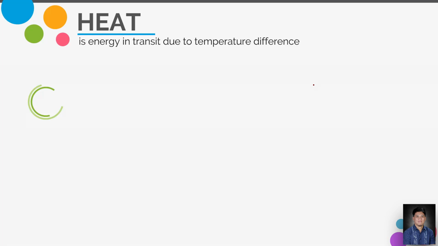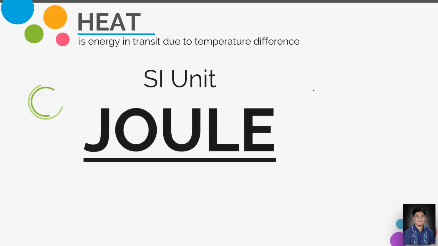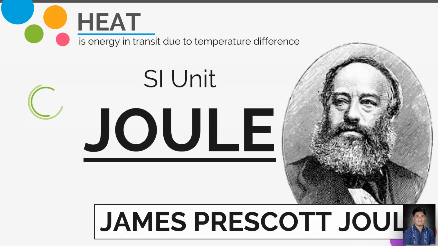So the SI unit for heat is the joule. So joule is the SI unit of heat. It is taken from the last name of the developer of this unit, Sir James Prescott Joule. So he developed the unit of heat, which is the joule.